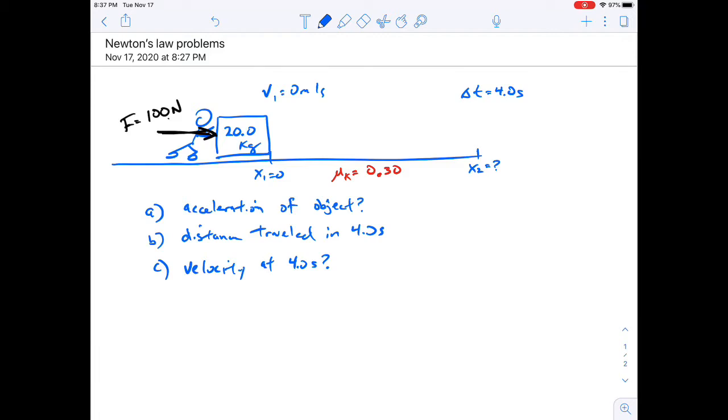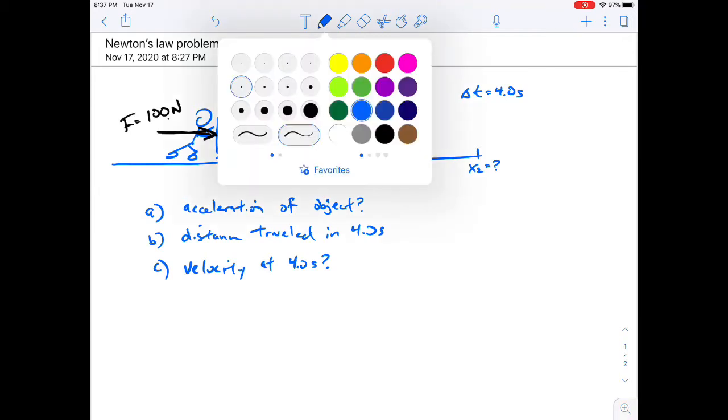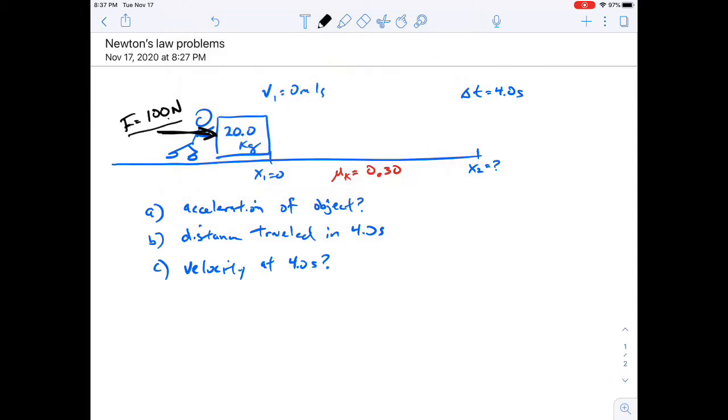I have a force of 100 newtons pushing on a crate or a box or an object. The object is originally at rest, and the object is starting at position 0, and the object is 20 kilograms, and there's some friction because we know that the coefficient of kinetic friction is given.